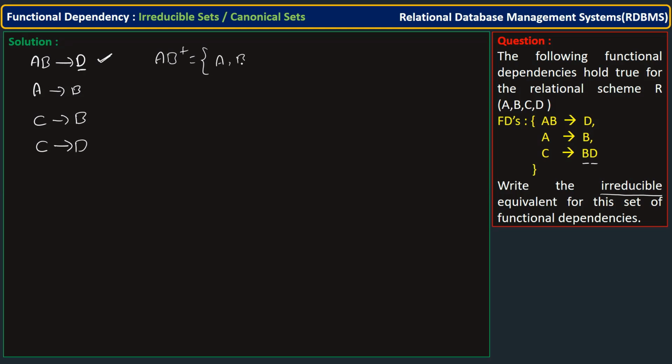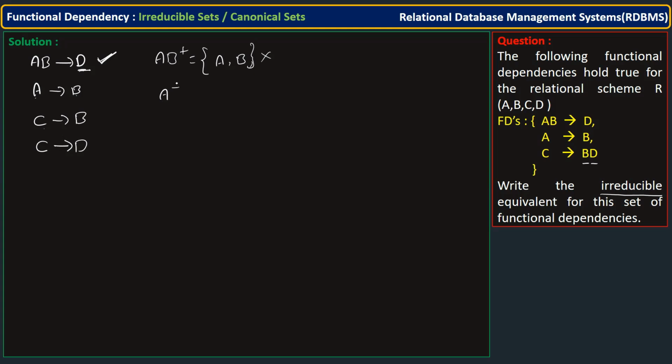You can take AB first of all, and A derives B, but B is already there. Are you able to generate D? No, because on the LHS we have only C. So we are unable to generate D. So this is essential.